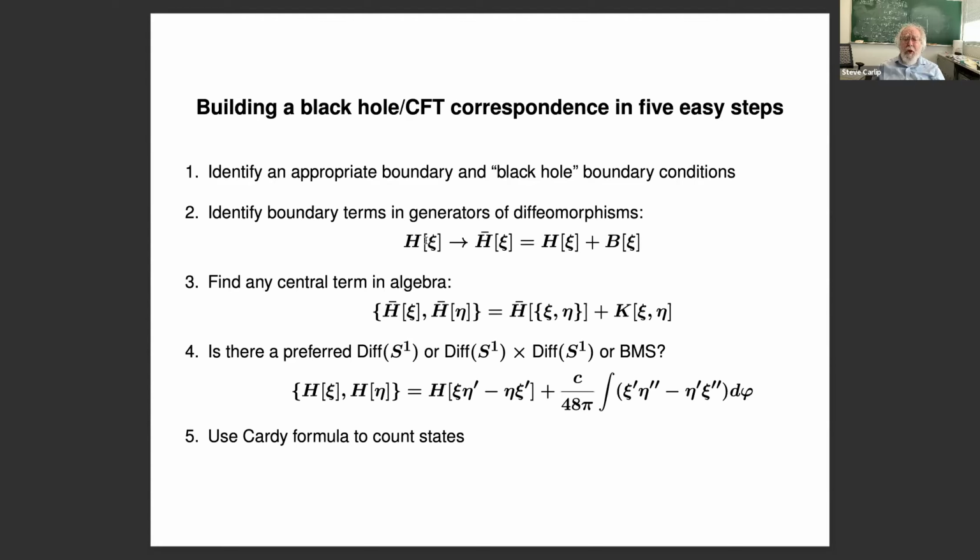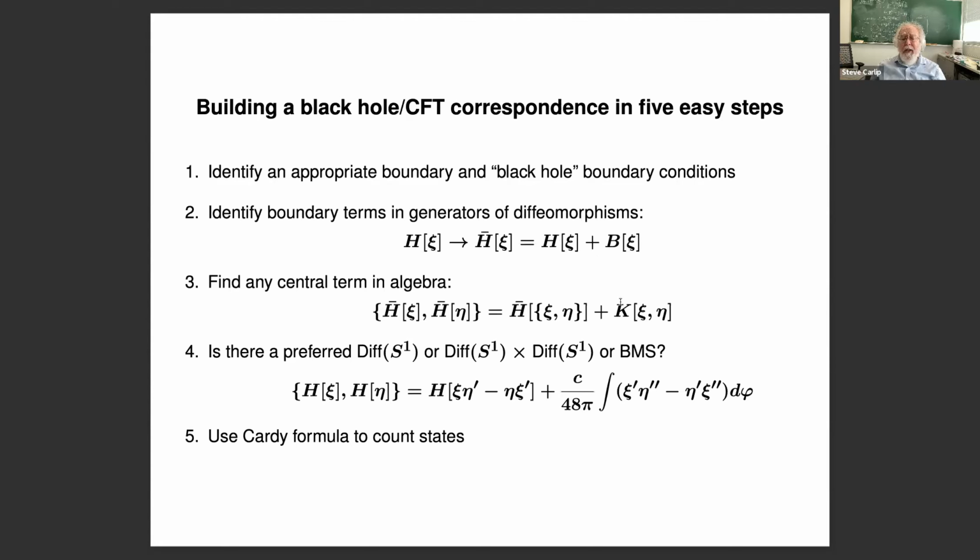So if you now look at the Poisson brackets of two of these modified generators, you'll get a third generator from the fact that your original generators had the right brackets.